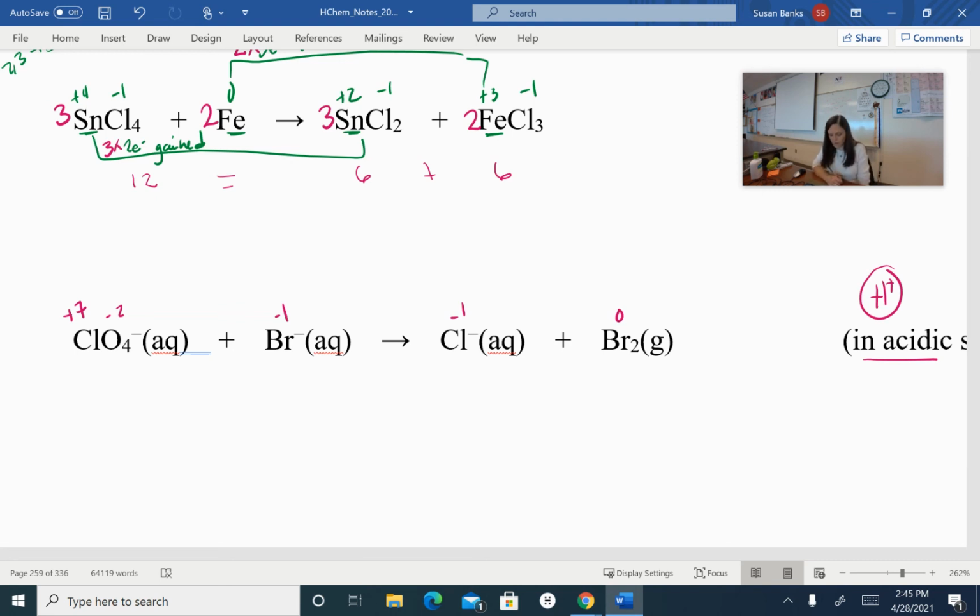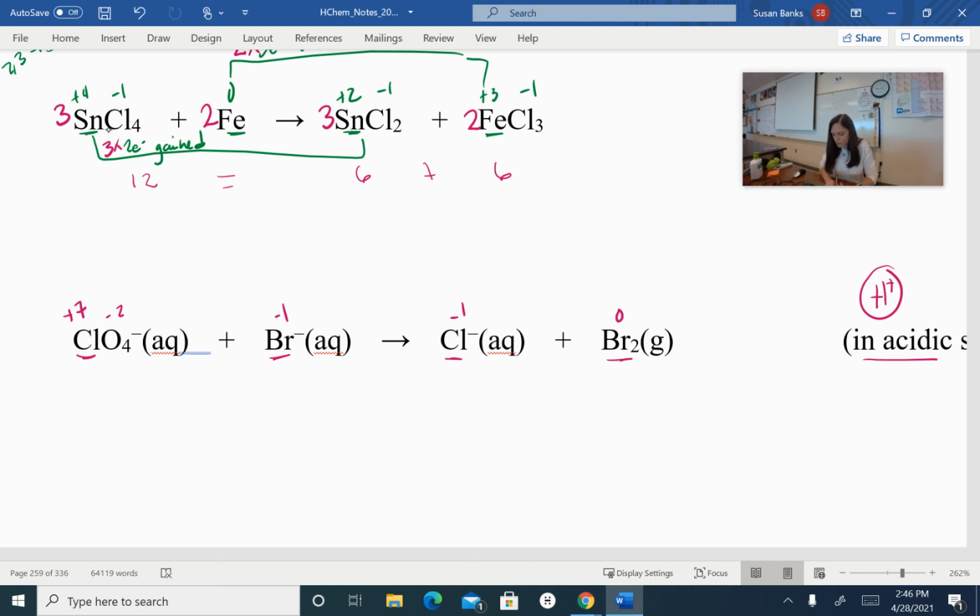Okay? So what is changing here? Chlorine is changing from a +7 to a -1, and bromide is changing to bromine from a -1 to a 0.